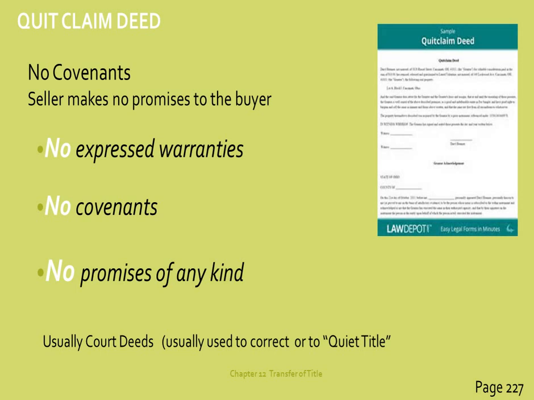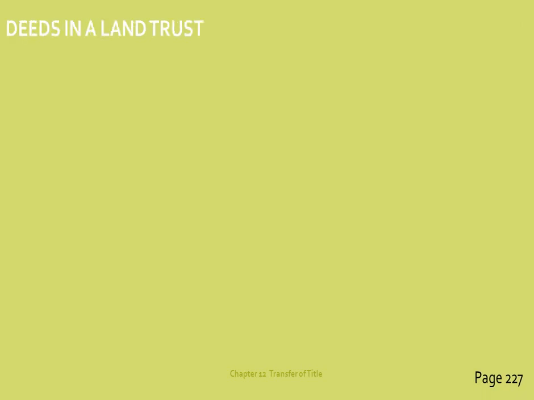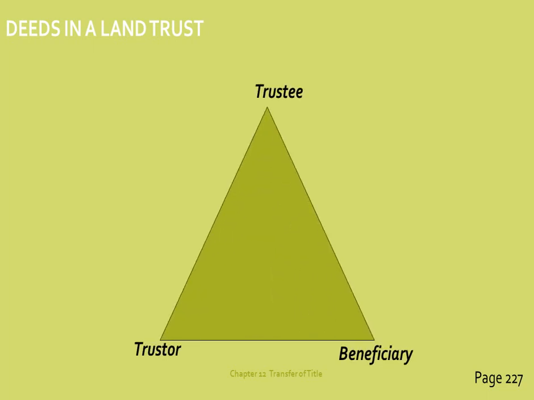With land trusts, as you saw before in an earlier chapter, we would use a deed in trust to convey to the trustee. It's really a form of a special warranty deed. If the trustee had to convey to somebody, they would use a trustee's deed.